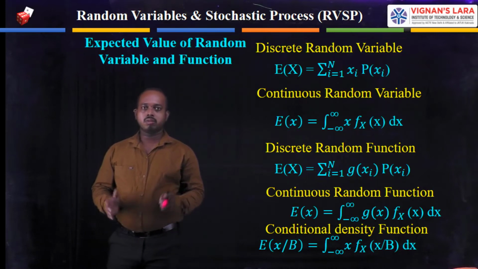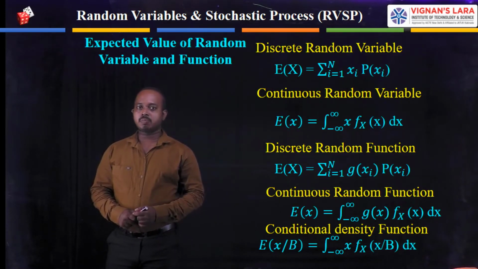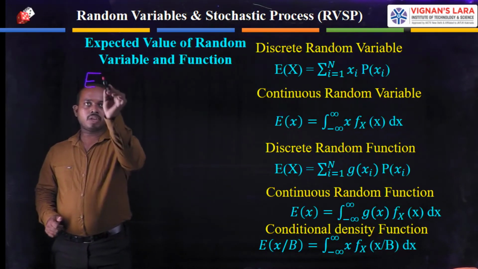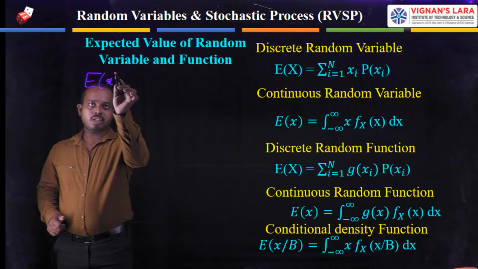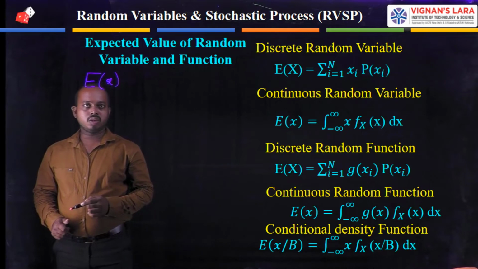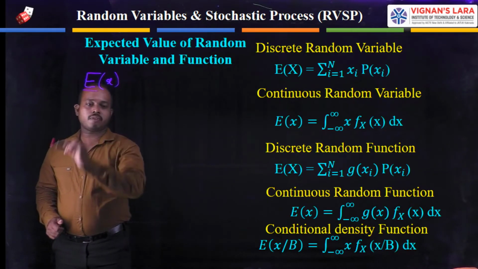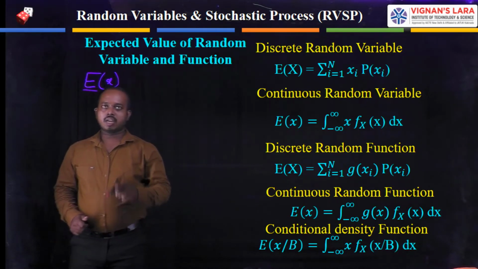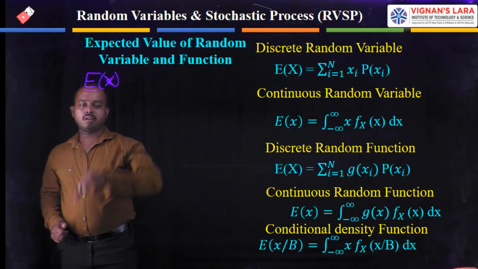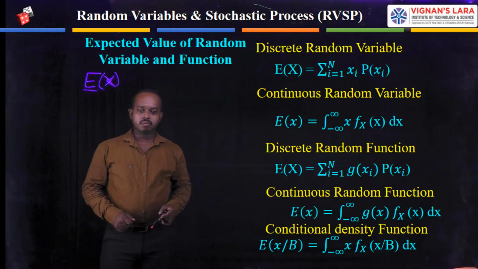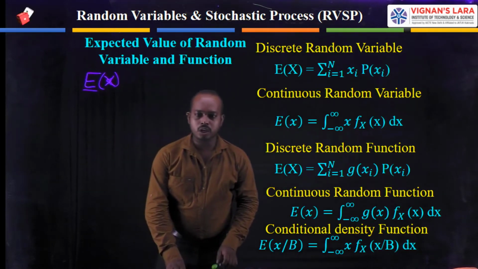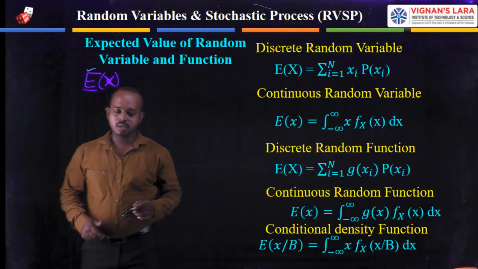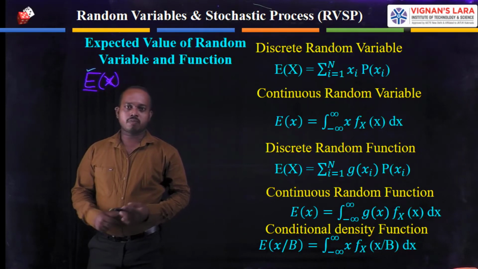The expectation is represented by capital E. For a random variable X, we write the expectation as capital E of X. E of X is the representation of the expectation value of the random variable X. Capital X is the notation for the random variable, and E represents the expectation value.